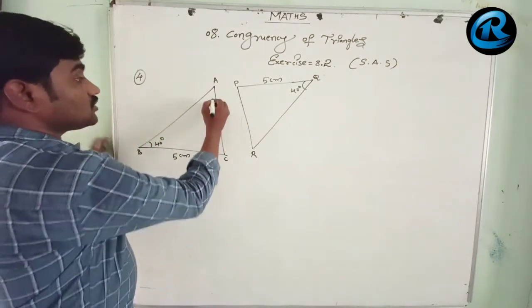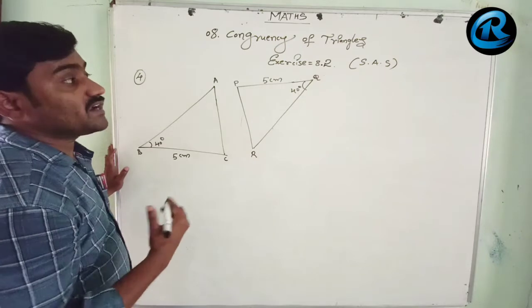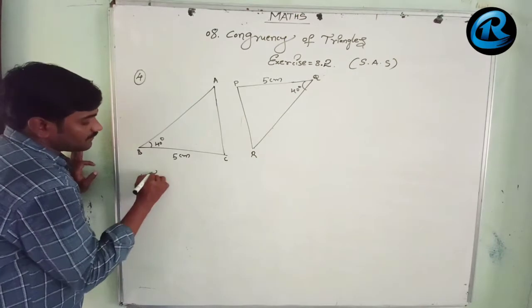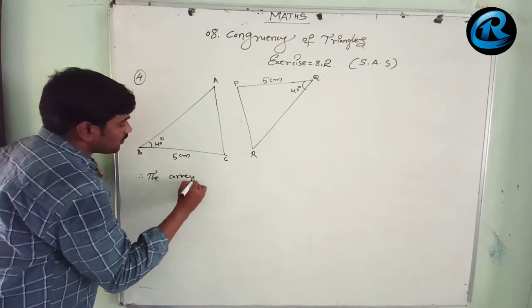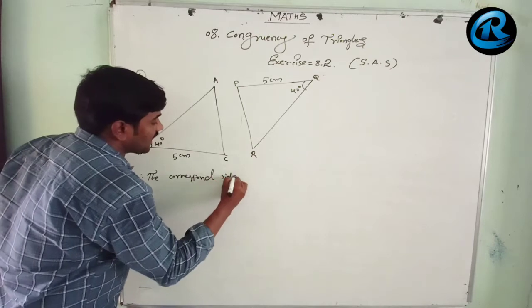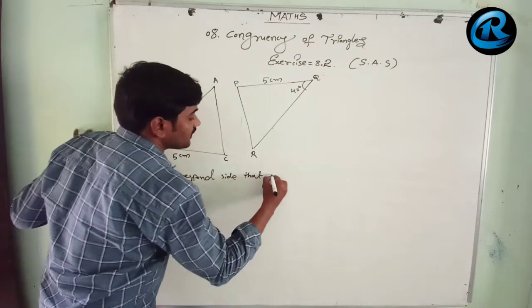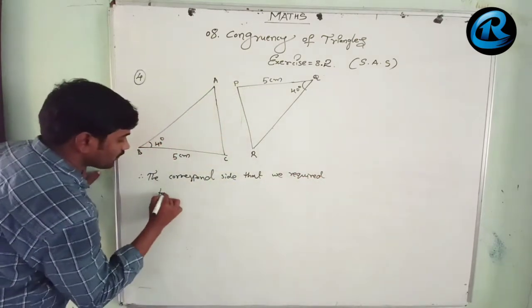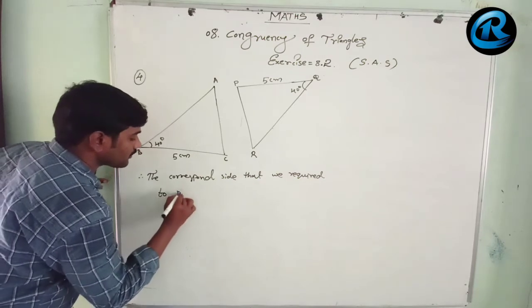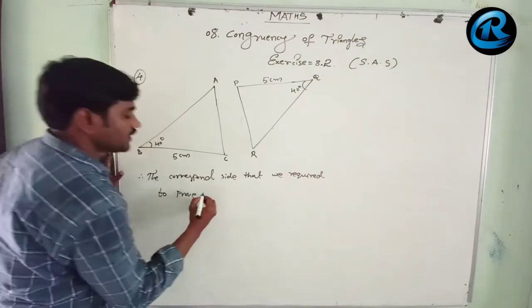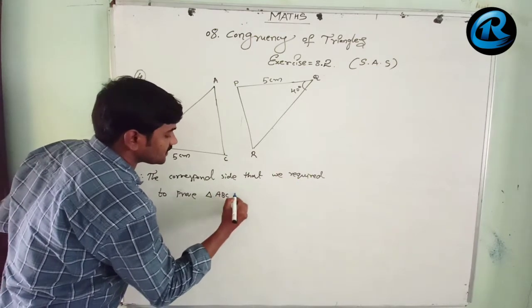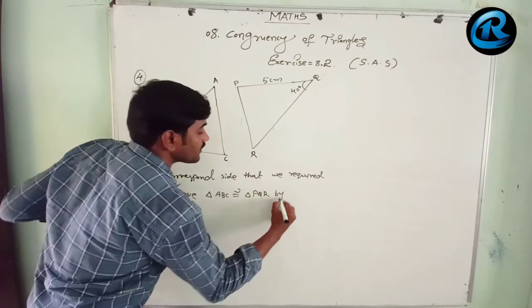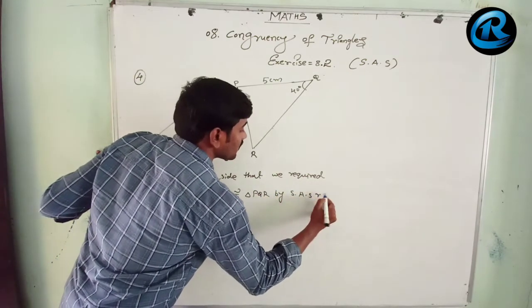To prove that triangle ABC is congruent to triangle PQR by the SAS criterion, what corresponding side do we require?